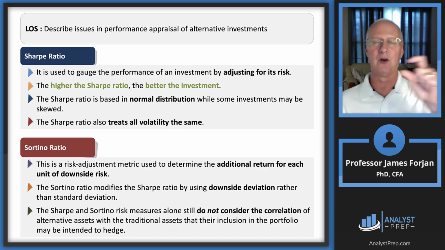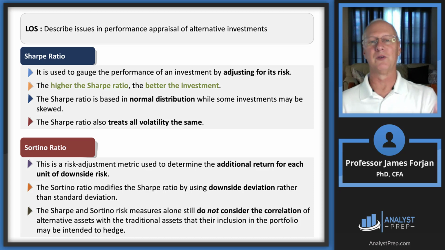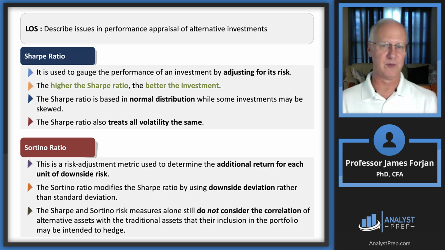So when you do returns, which is the first moment of the distribution, and you do standard deviation, which is the second moment of the distribution, you're automatically assuming that those first two moments capture all of the risk of that particular investment. But look at what we say there at the end of that sentence. Some investments, particularly alternative investments, may have the third moment of the distribution, which is skewness, and they might even have the fourth moment of the distribution, which is kurtosis.